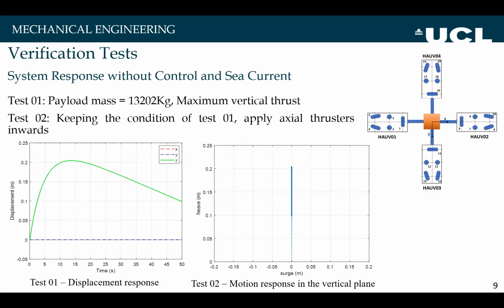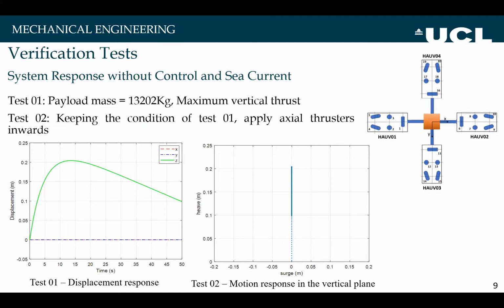So some initial verification tests were performed to get confidence on the system that this simulation model for this system is giving the right results. So in the first test, the payload mass was kept to the maximum, and all the vertical thrusters were applied at the maximum values.